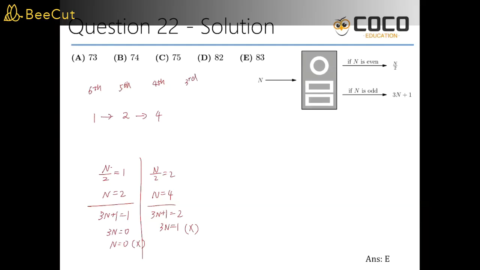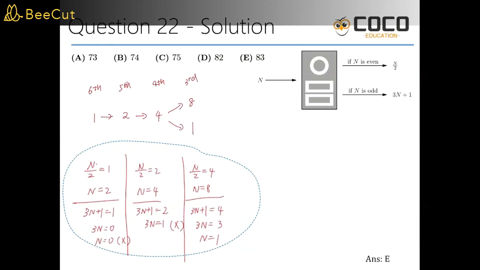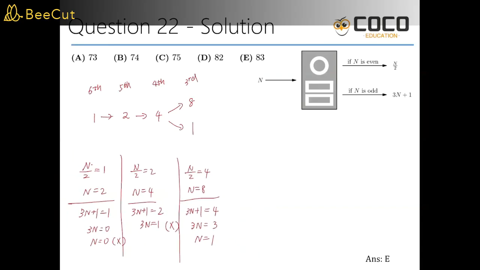Then you check the third step. So this step, we will have two answers. If n over 2 equal to 4, n will equal to 8. If 3n plus 1 equal to 4, 3n equal to 3, n equal to 1. So this one, there are two ways.